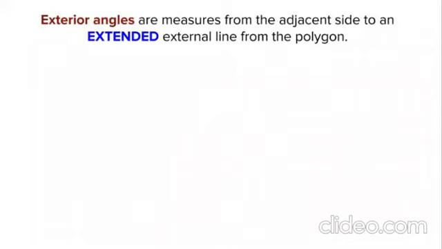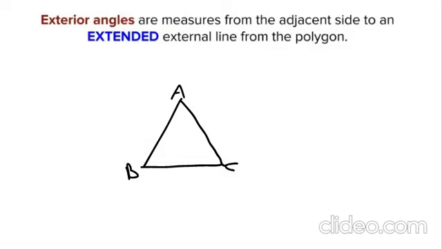Okay, now what is exterior angle? Angles which are measured outside the polygon with extended lines, that is known as exterior angle. For example, this is my triangle. Now let us put a name to this, A B C. Now if I extend side C this way, you can see I make another angle, correct? It is outside the triangle.